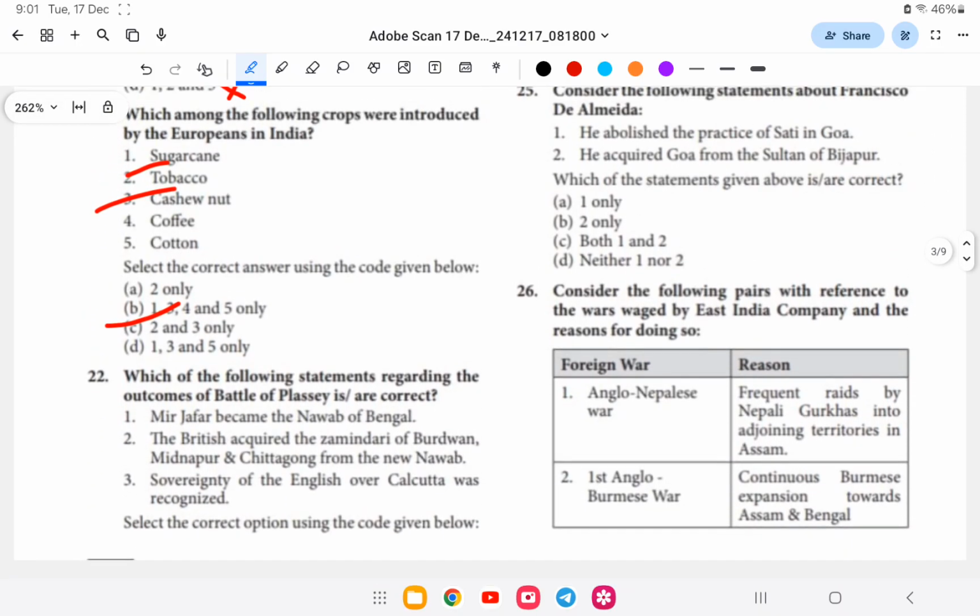Question number 22. Which of the following statements is correct regarding the outcomes of the Battle of Plassey? The Battle of Plassey was fought between Siraj-ud-Daulah and the British East India Company. Outcome number 1, Mir Jafar became the Nawab of Bengal.